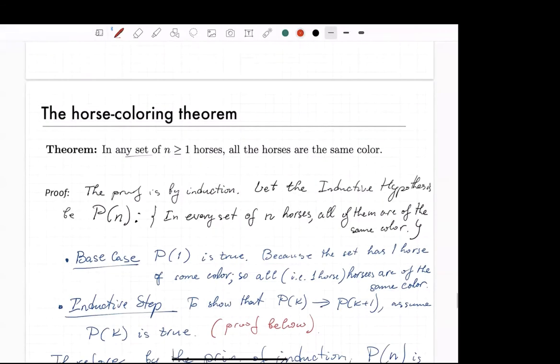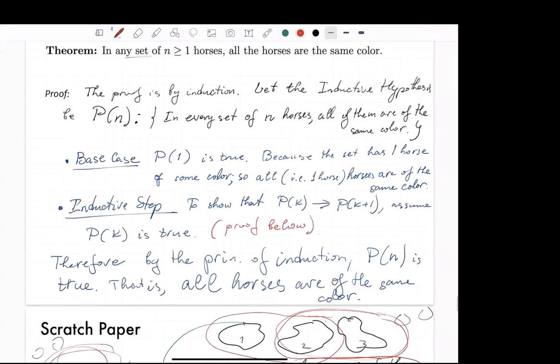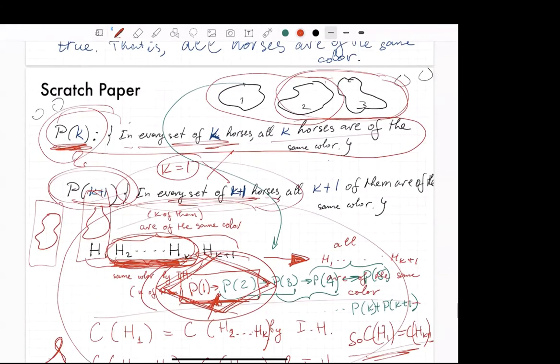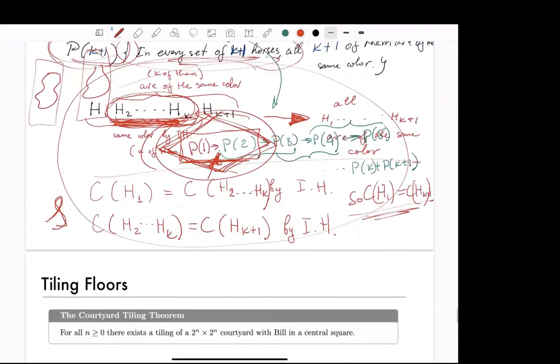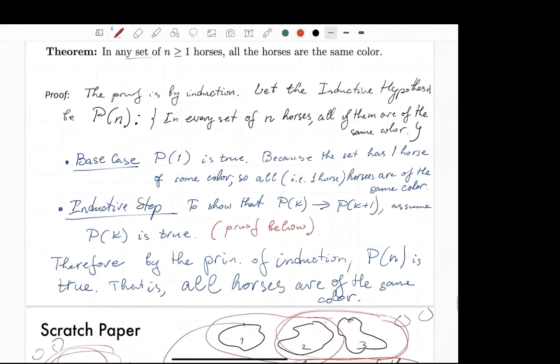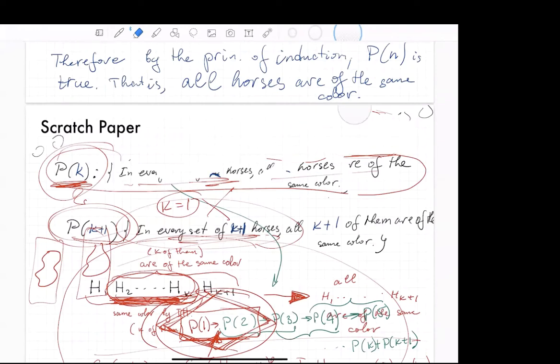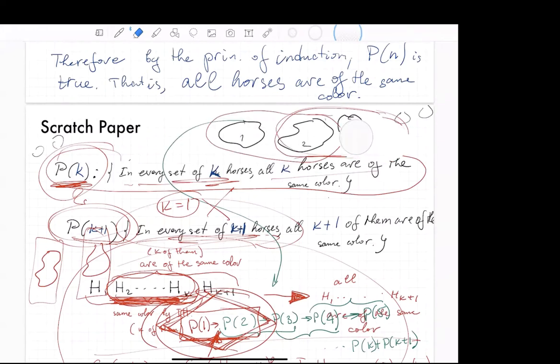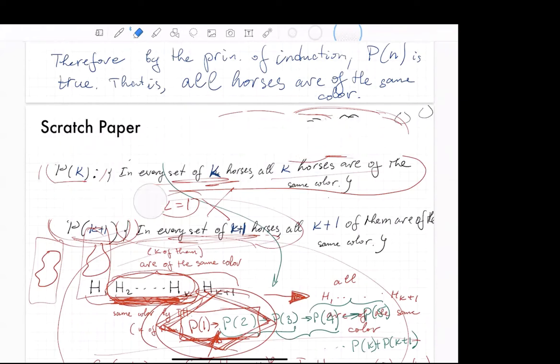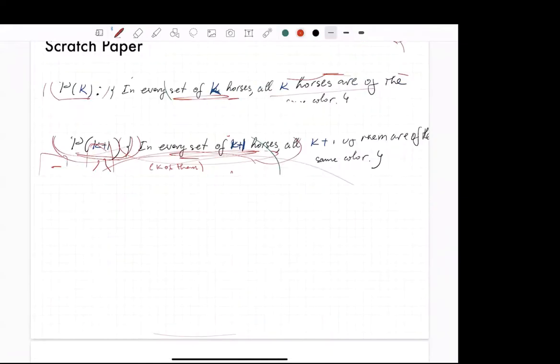Okay. All right. Why does P1 not imply P2? Okay. So let's see. Here's why it does not imply P2. Okay, this is my P. What is my P2 and what is my P1?